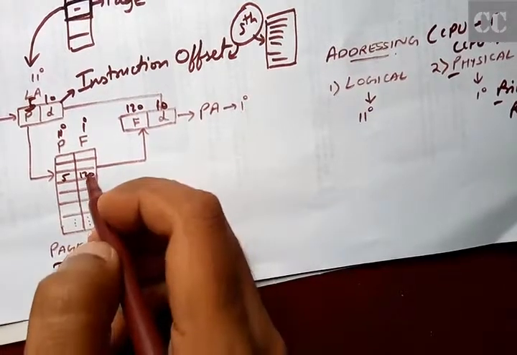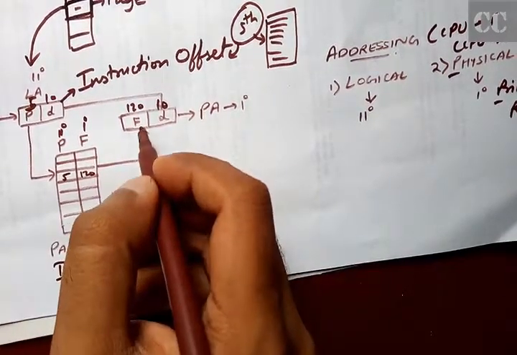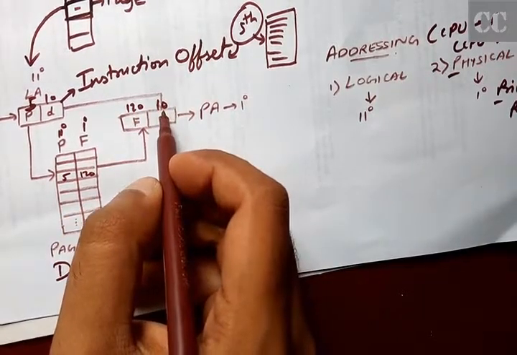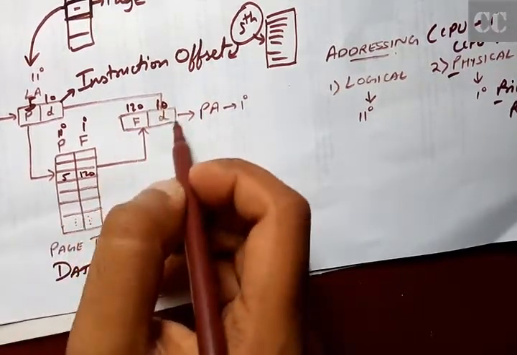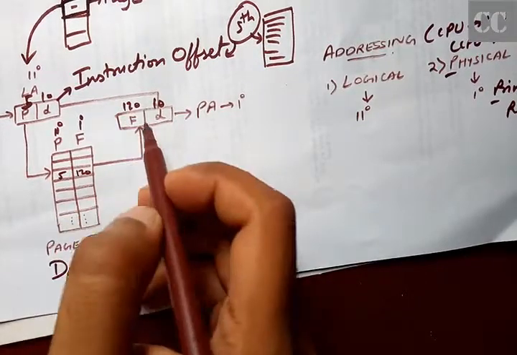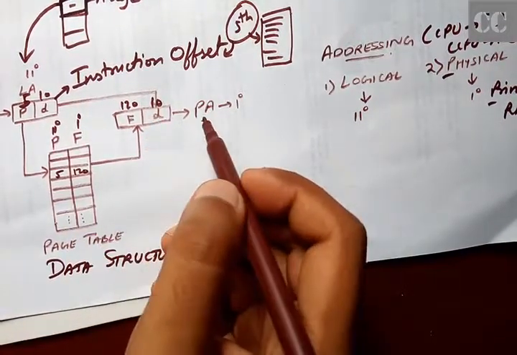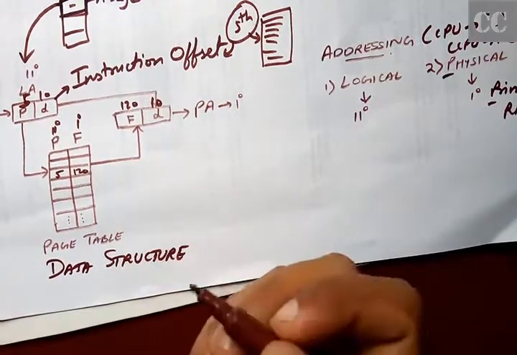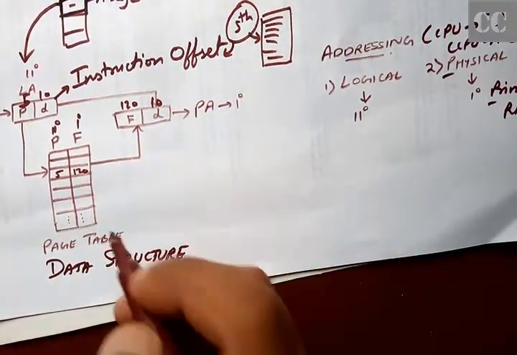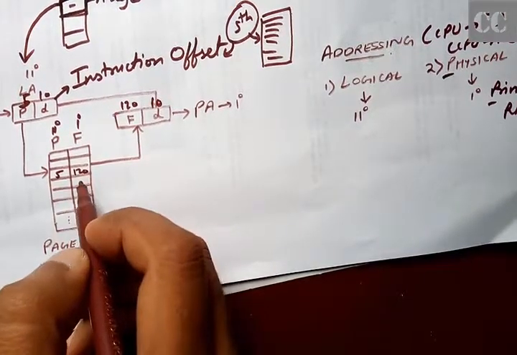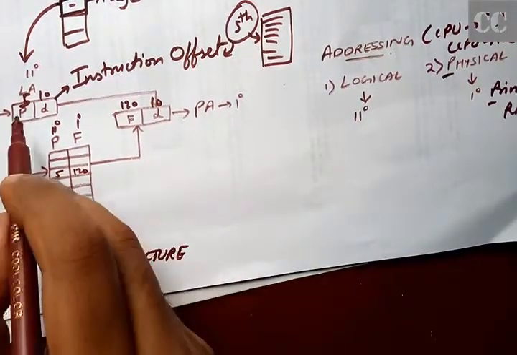In the 120th frame we have to execute the 10th instruction. So this is the physical address that we have derived from the logical address. Now this physical address is executed by the CPU. So the access time is considerably reduced because we already have a page table that corresponds to the mapping between page and frame.